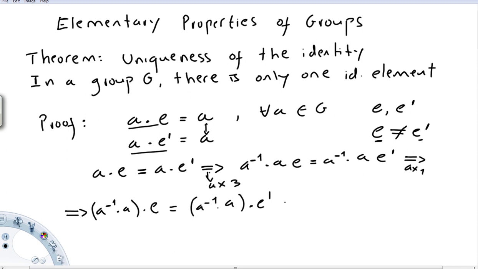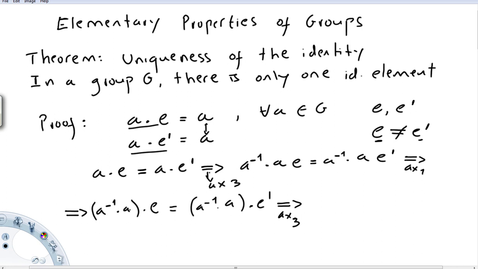Now by axiom 2, the one about the existence of identity, or no, this should be 3, right? The definition of inverse is that A inverse times A equals the identity.